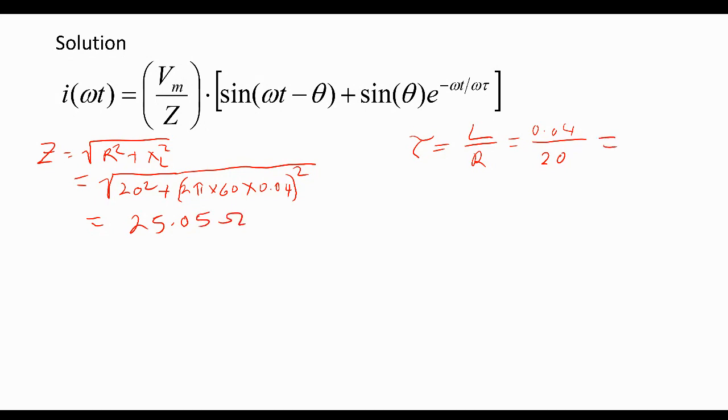And the tau is 0.04 over 20, which is 0.002.